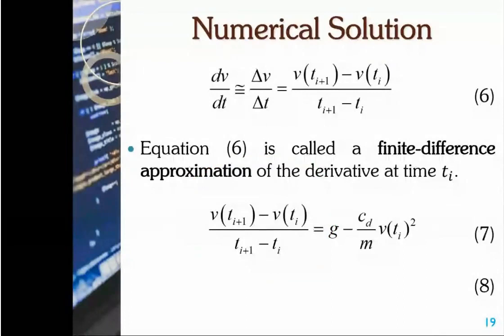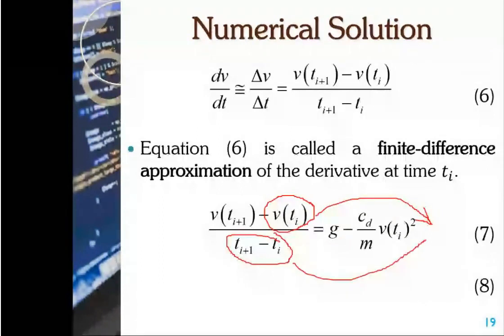And for us to do that, we send the previous ones to the other side of the equal to sign. So in this case, we are going to send v(ti) to the other side of the equation and t2 minus t1 also to the other side, leaving only v(ti+1), okay?